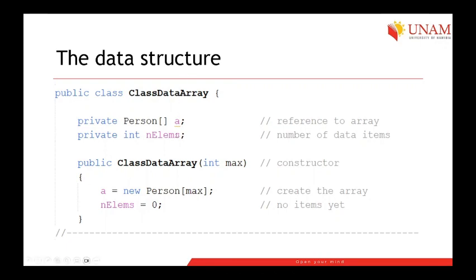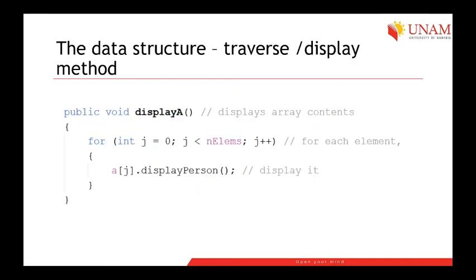Again, we have called it A, and we are keeping track of the number of elements. For our constructor, we indicate the maximum capacity, create an array of persons with that maximum capacity, and initialize our number of elements to 0. To display, it's not that different when we are traversing the data collection.